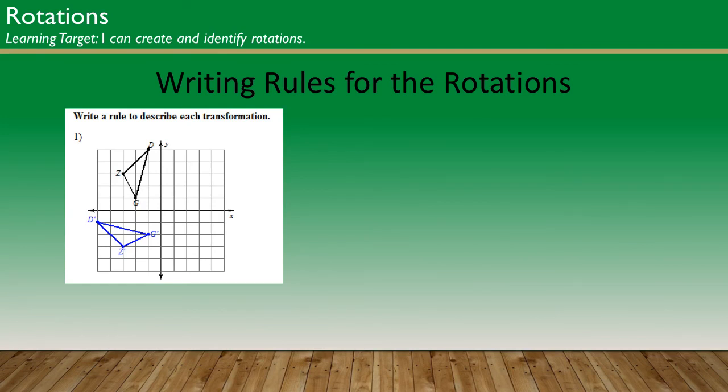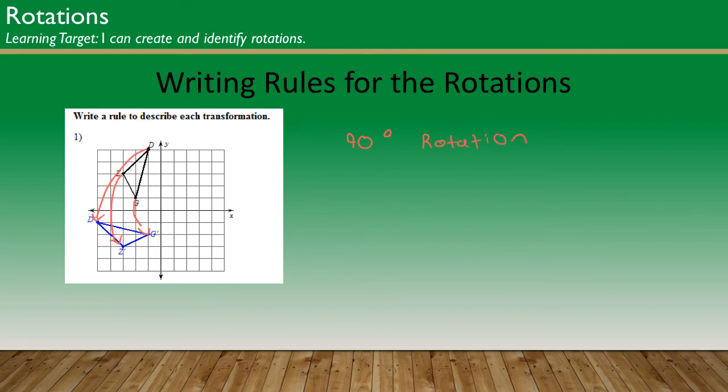Okay, so this one we want to write a rule for the rotation. And really, we just figure out how many quadrants we are moving. We can see that each of these points is just moving one quadrant. Since we're just moving one quadrant, that's going to be a 90-degree rotation.